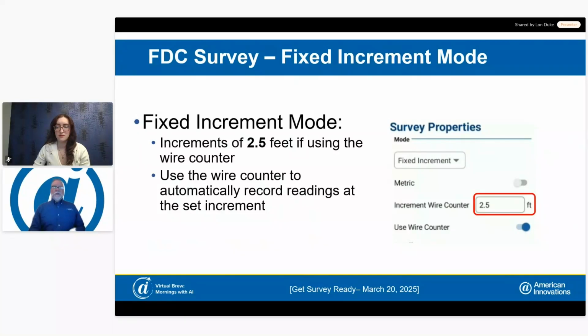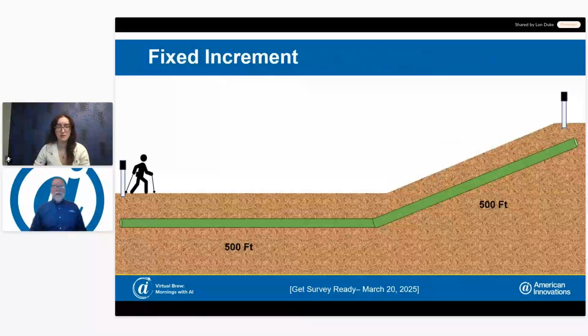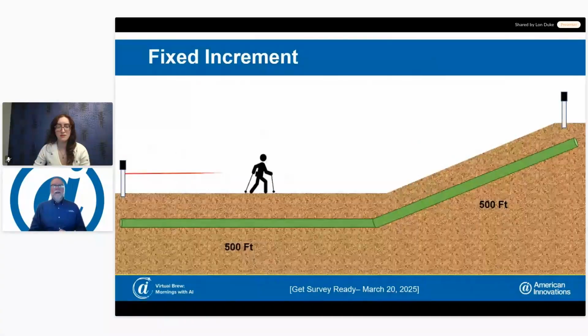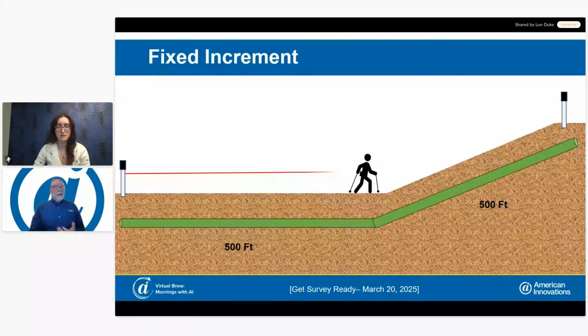Fixed increment is using the wire as it's coming out of the hip pack or backpack, and it's measuring a distance. So in this case, I'm saying every 2.5 feet, or I can do it every 5 feet. It's going to trigger a read at every 2.5 or 5 feet. Something to be aware of when you're doing that is, in this case, I've got 1,000 foot of pipe. I have 2 sections. I have a bend in this pipe.